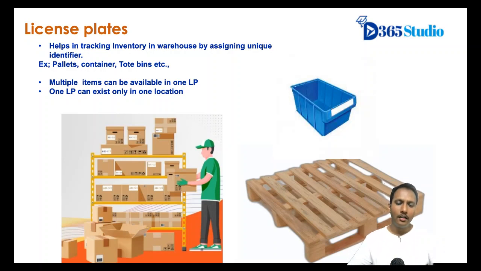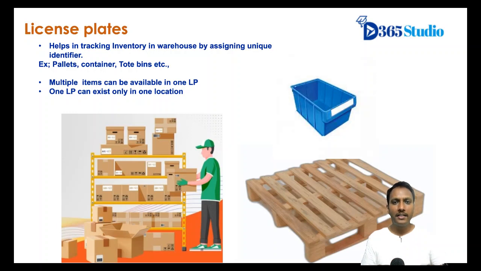That is the advantage of the license plates. And not only that, within one single license plate you may have multiple products also. So you may have item number 1 and item number 2 also. In one previous implementation that we did, there was a distribution company that had multiple items coming together in one single box. That was about Cisco routers. Along with that, they'd get some cables and some digital equipment within one single box.